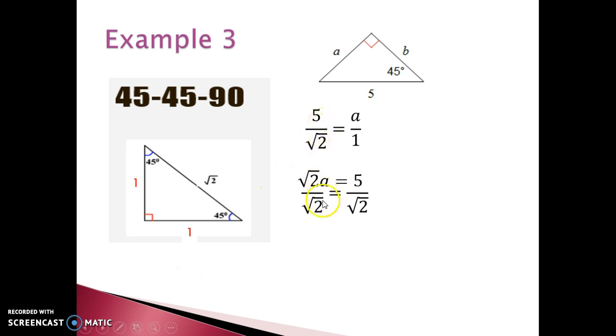When I do that, this one cancels, but here I'm left with 5 over the square root of 2. And I can't have a square root of 2 on the bottom, so I have to multiply both the top and the bottom by the square root of 2 over the square root of 2. When I do that, I get 5 square root of 2 divided by 2. And once again, the legs of a 45, 45, 90 triangle are equal, so a is 5 root 2 over 2, and so is b.